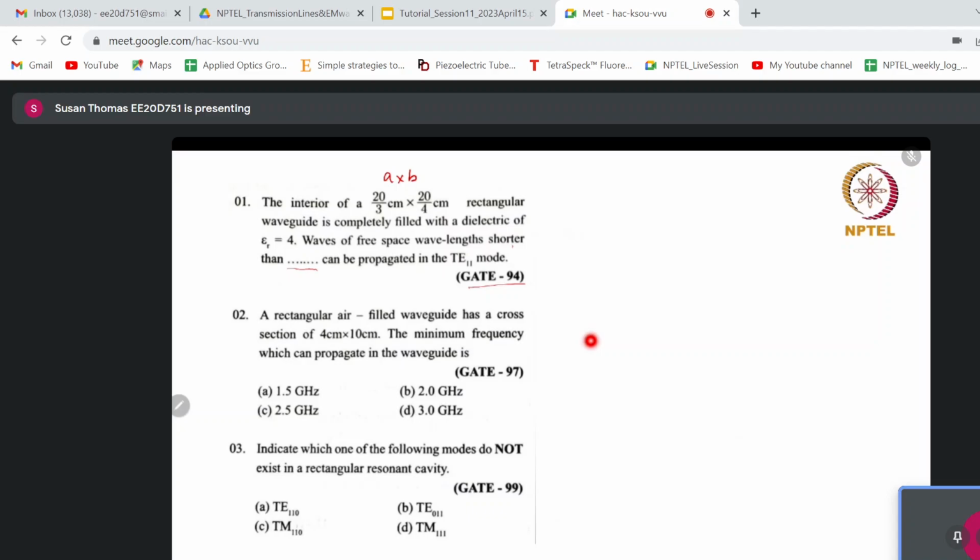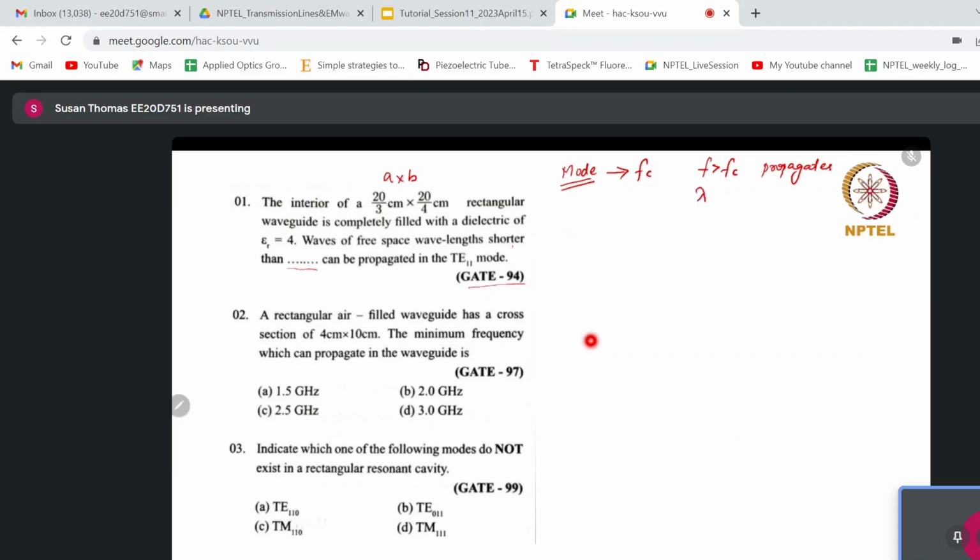Coming to propagation in a particular mode inside a rectangular waveguide, what we learn is, for a particular mode there will be a cutoff frequency, and all frequencies f greater than fc propagate, or survive, in the waveguide.